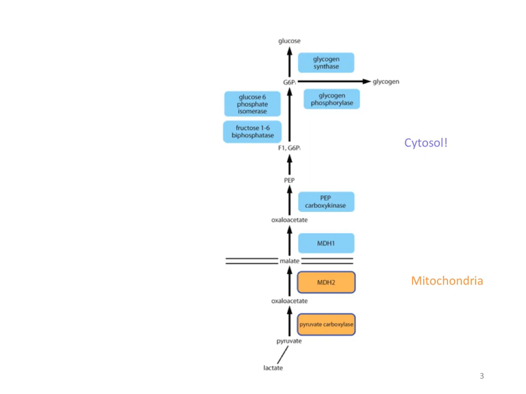Okay, so one way that pathways that go in opposite directions, like glycolysis and gluconeogenesis, are regulated is that they're actually in physically different parts of the cell. So physical separation is one mode of regulation that wouldn't have been in the previous video because it didn't quite fit in.